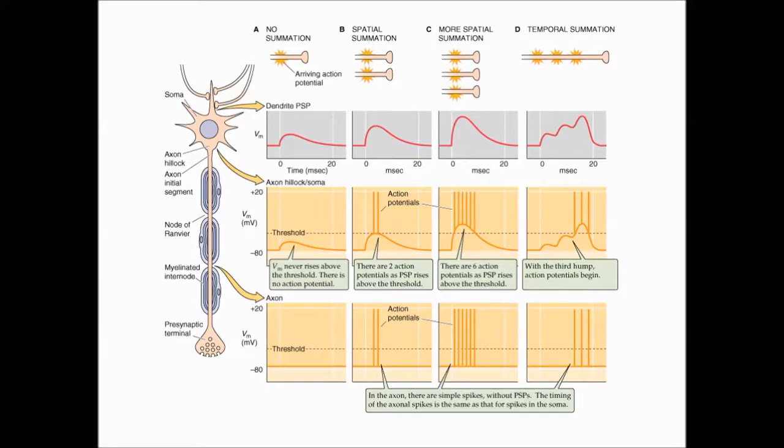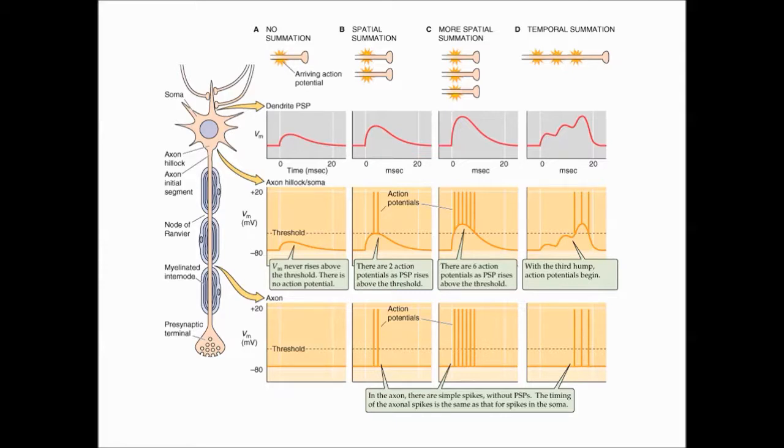This is a summation of what we just talked about. Here is a given cell, and whether or not it fires right here at the axon hillock is often a function of either temporal or spatial summation. So this is a single presynaptic ending firing that does not reach threshold, so this particular neuron does not send an action potential.